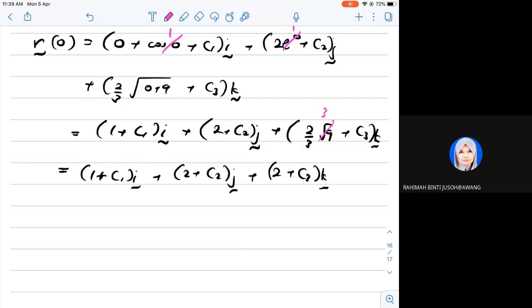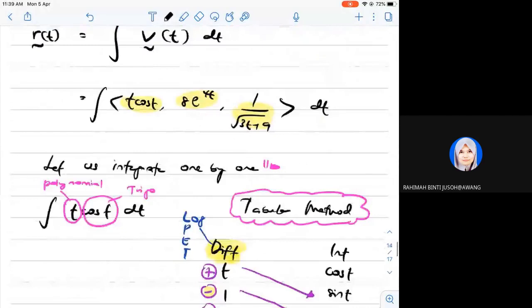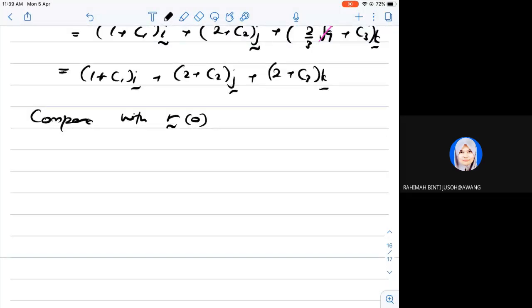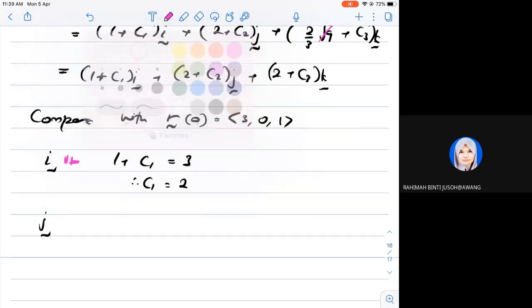Okay, so you have to compare with r(0) tadi yang dia bagi. Mana? 3, 0, 1. 3, 0, 1. So component i kalau you compare, 1 plus C1 equals to 3. Therefore C1 equals to 3 minus 1 is 2. Component j, C2 dapat apa tu?